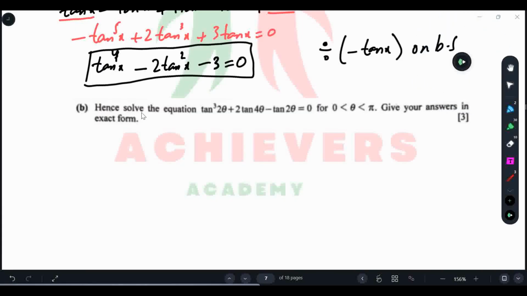How we can solve it? We can solve the equation like this. We know that, but be very careful about this thing: there is a difference of angle.